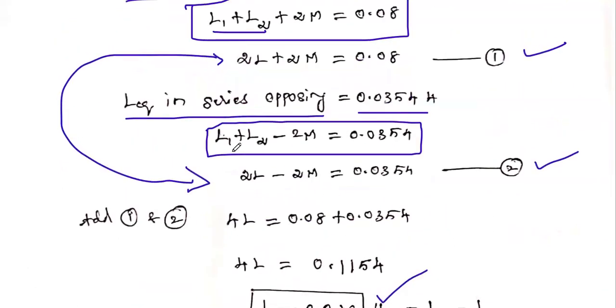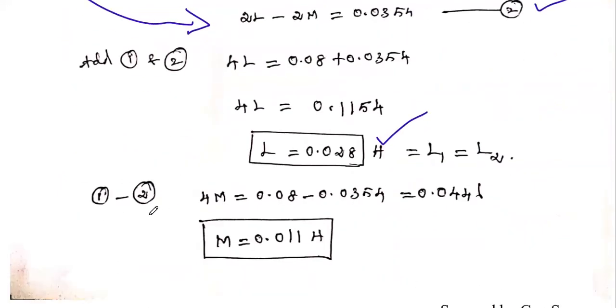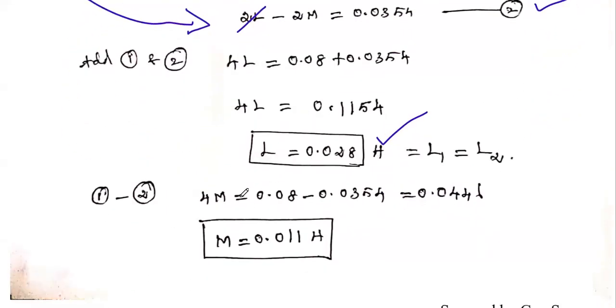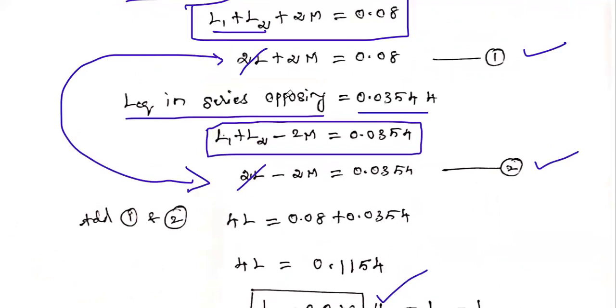If we subtract the two equations, equation number 1 minus equation number 2, the 2L cancels. Then 4M equals 0.08 minus 0.0354. From that, the mutual inductance is equal to 0.011 Henry. So this is the second type of problem.